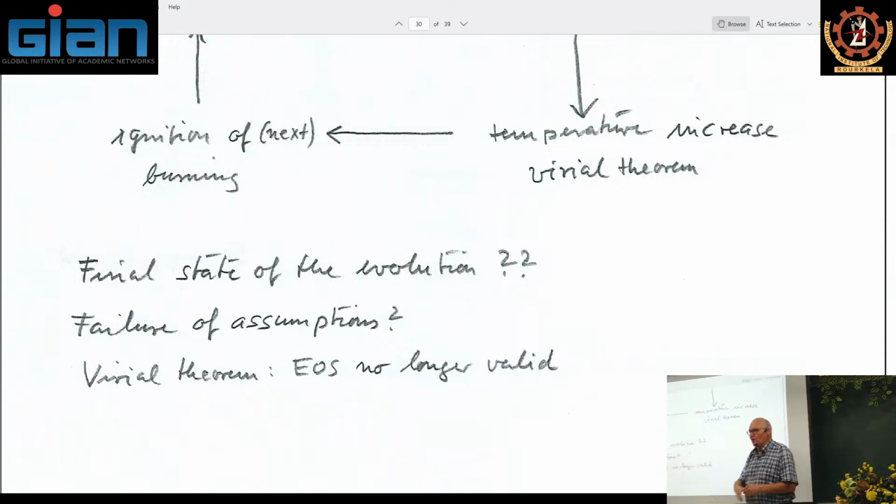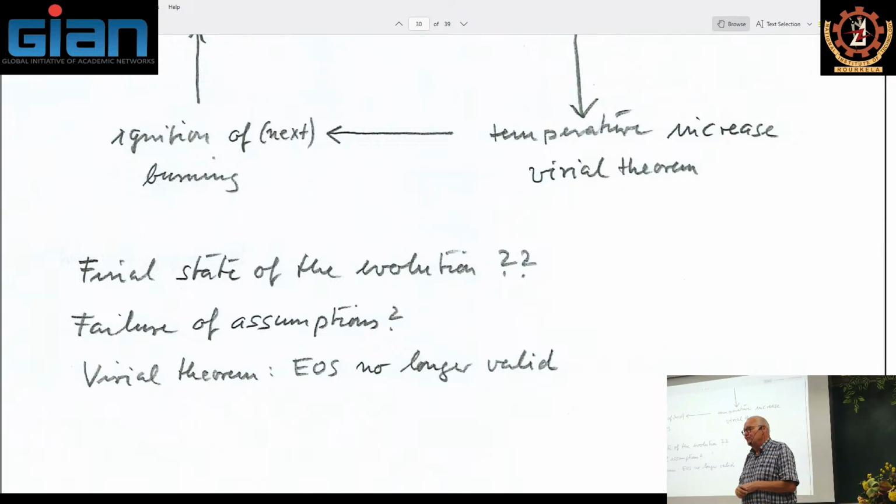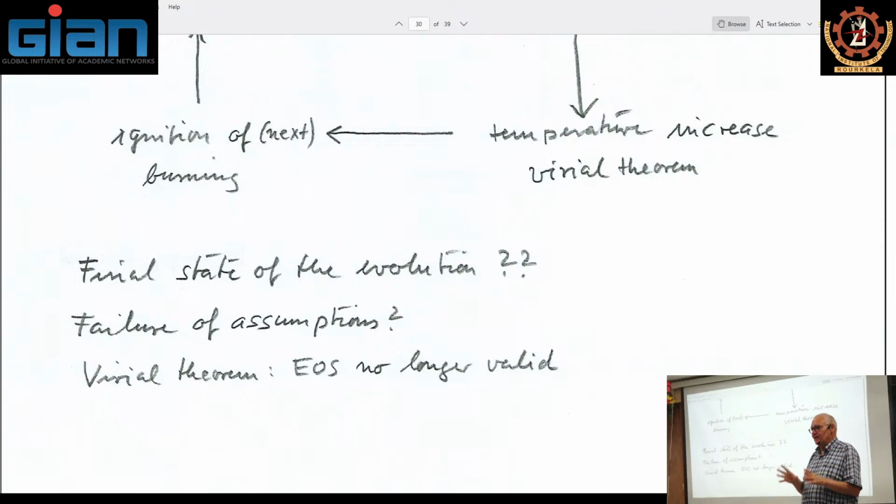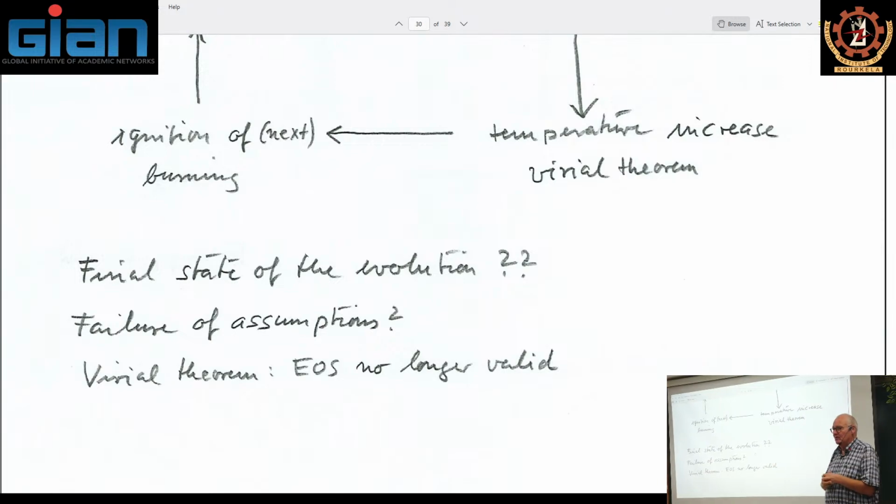Well, some of our assumptions seem to fail, and the assumption that fails is that the equation of state is no longer that of an ideal gas. So the virial theorem, keep in mind, was derived on the assumption that we have the equation of state of an ideal gas. So in the course of the evolution, this assumption will fail, and the virial theorem in its form given by Professor Yadav will no longer be valid.